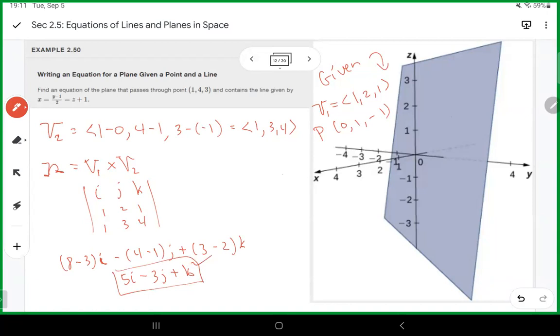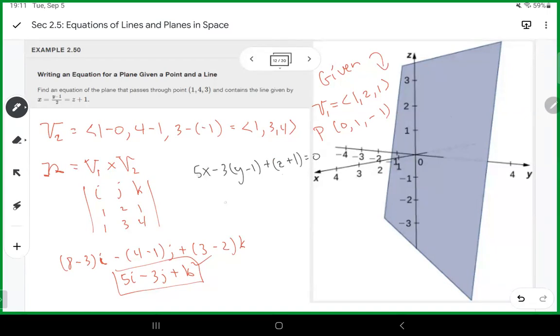And then, so the scalar equations for the plane would be 5x minus 3y minus 1 plus z plus 1 equals 0.